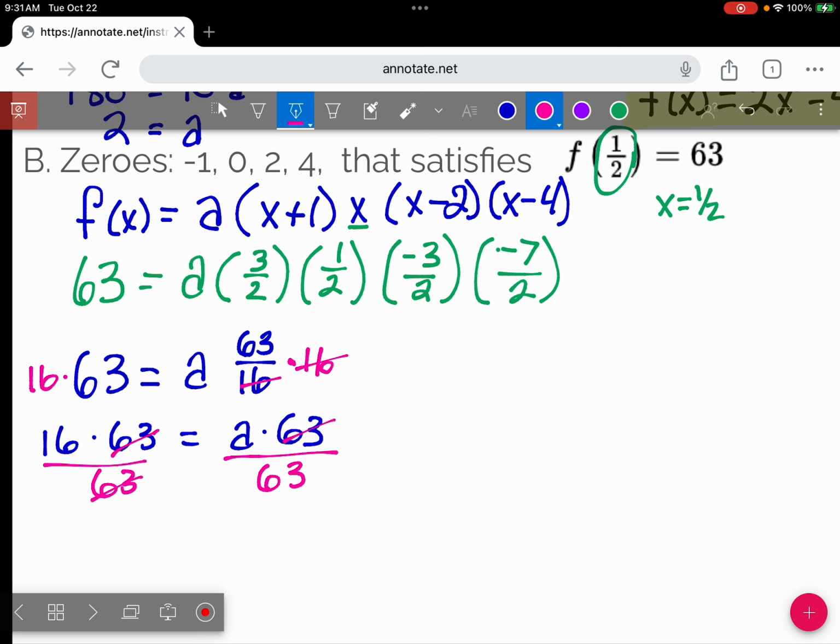So if you do it in 2 steps, that's fine. We still wind up at 16 equals A. You can also remember that we're going to multiply by our reciprocal. So 63 times 16 over 63, and the 63s are canceled out. We still wind up at 16. So whether you do it in 1 step or 2, it does not matter. We need to make sure we wound up at that A of 16.